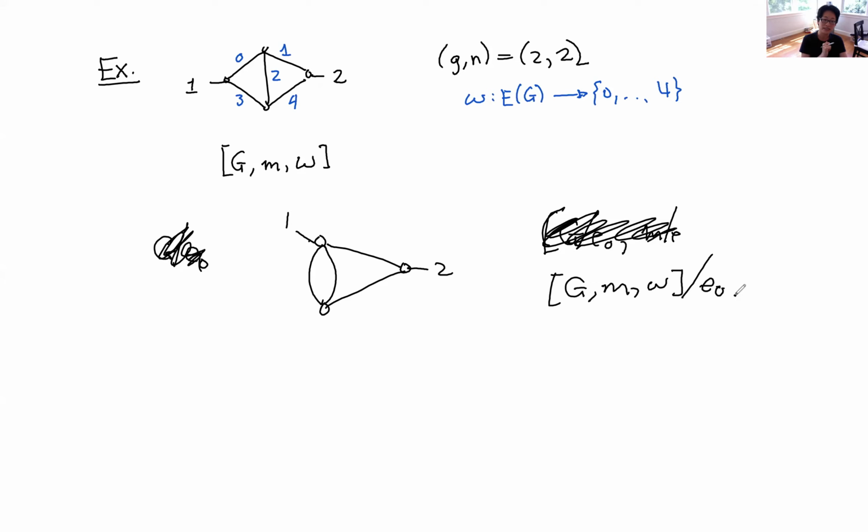I do it by contracting the 0th edge, and I renumber in order, so now I have 0, 1, 2, 3. The marking function comes along for the ride. Sorry, my notation was throwing things off a little bit. This is the edge contraction by the edge labeled i. Great. Any other questions?